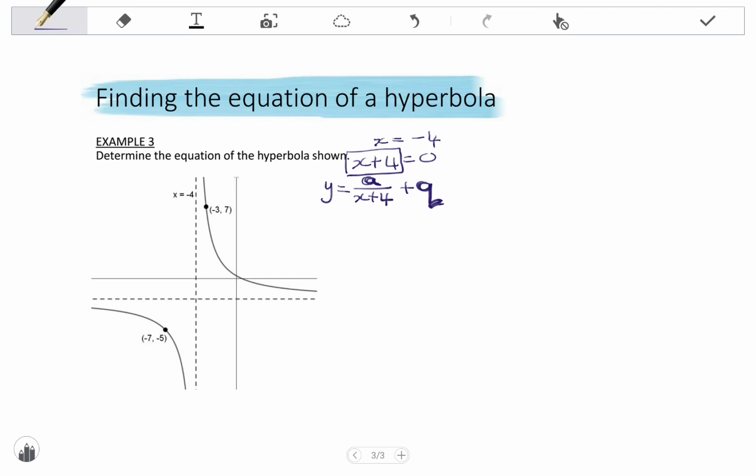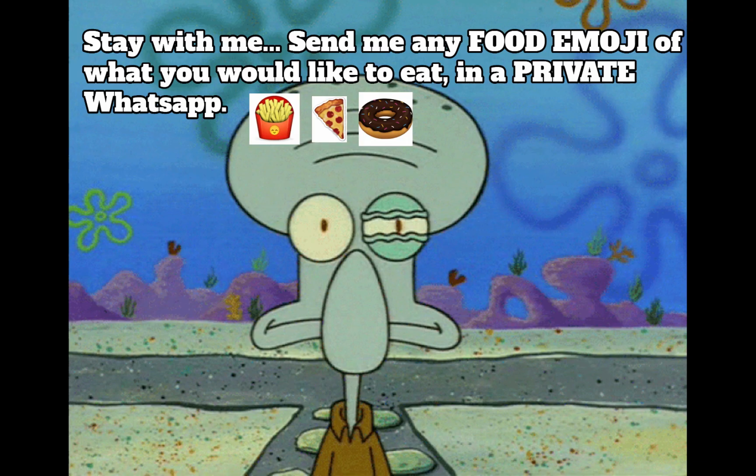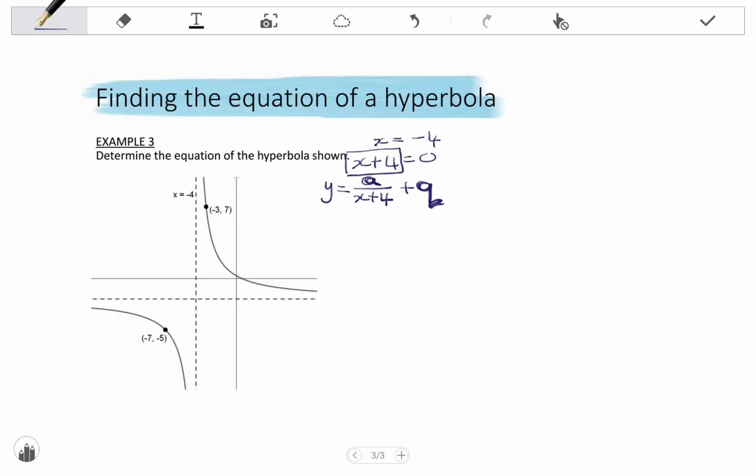If you have 3 unknowns, you can substitute 3 points, find 3 equations to solve simultaneously for those 3 variables, and so on. We need to substitute 2 points, set up 2 equations to solve for 2 variables.